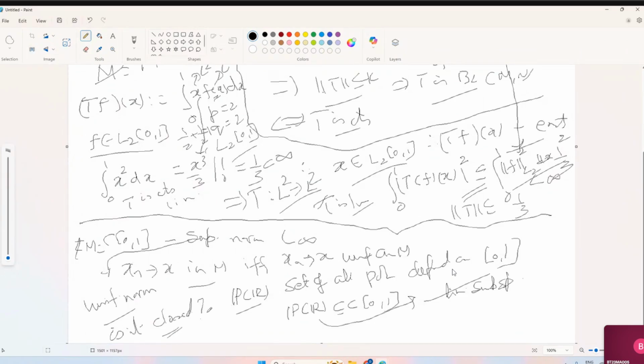Can you answer this question? Can you answer or you cannot answer? Or you want to think for a while? Shall I give a hint? Weierstrass theorem, Bernstein polynomial. What does it say?